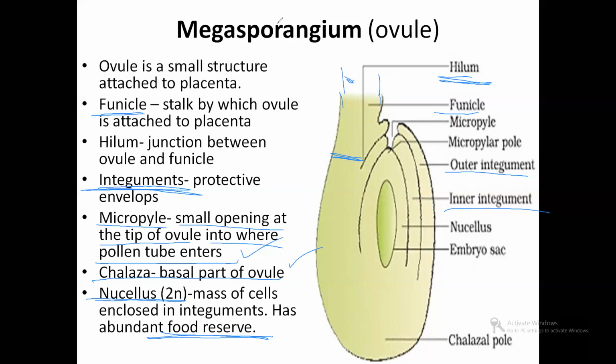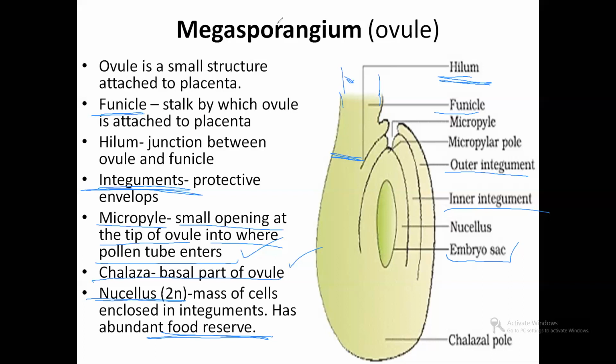Now we can talk about ploidy. Inside the embryo sac, we have already discussed there are 8 nuclei. All the nuclei inside the embryo sac are haploid, whether it is the nucleus of the egg cell, synergids, antipodal cells, or polar nuclei.